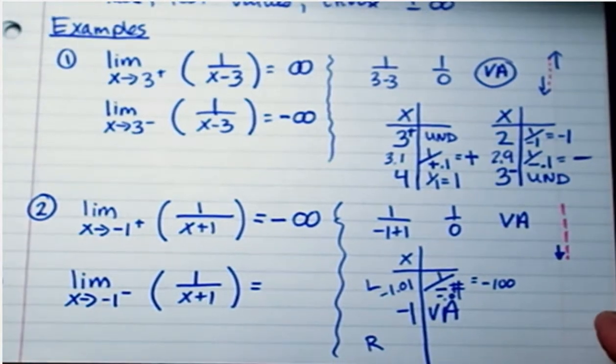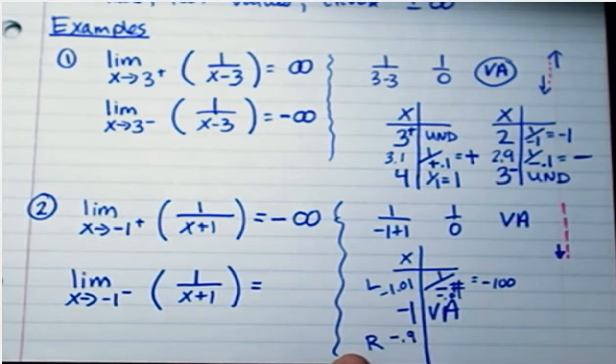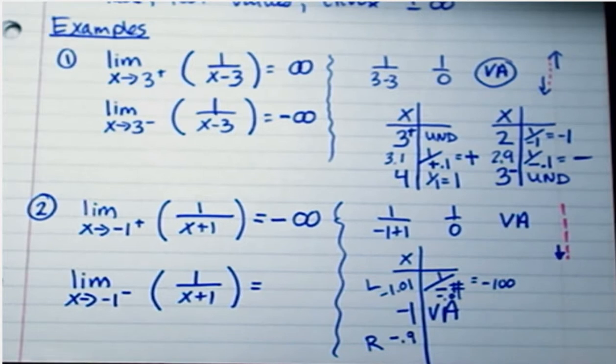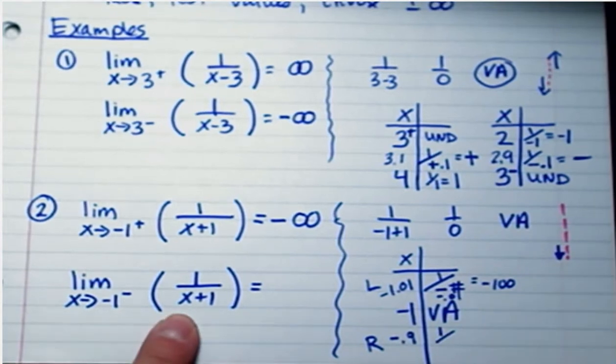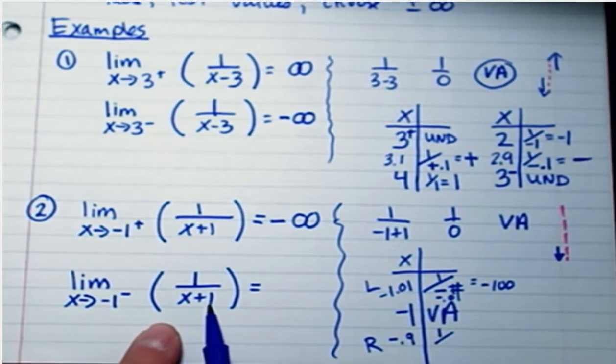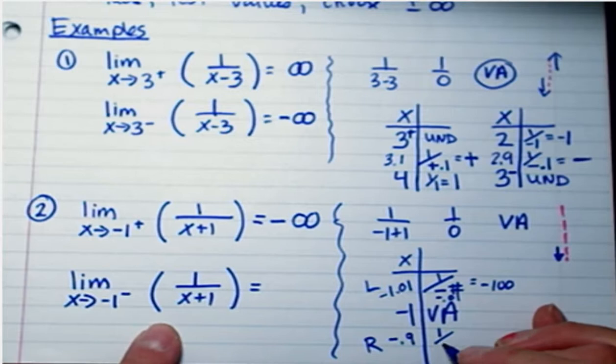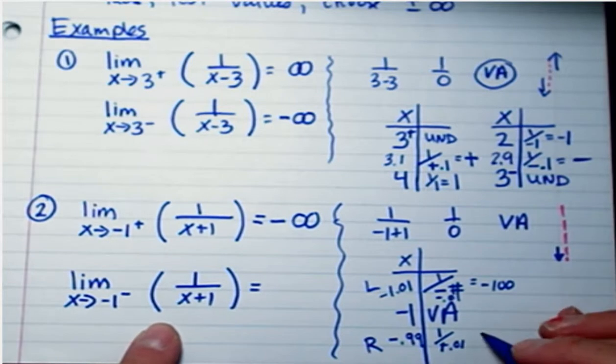Okay, let's test to the right. -0.9, that's to the right. 1 over -0.9 plus 1 is positive 0.01. I mean, you can make it as many 9s as you want. It is positive 100.